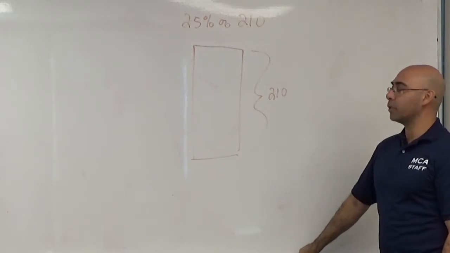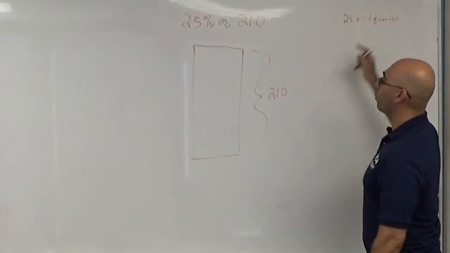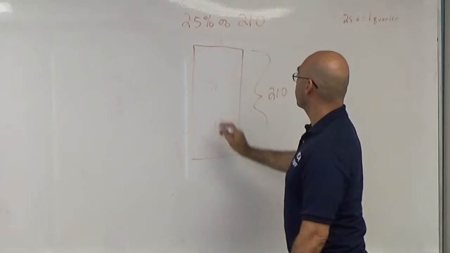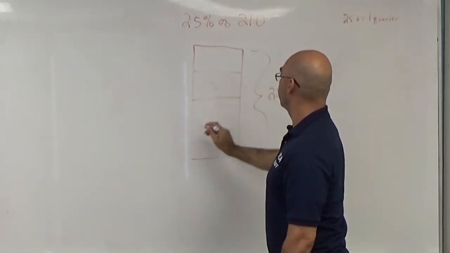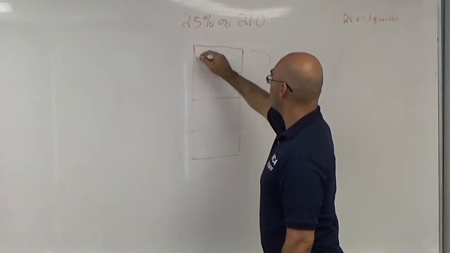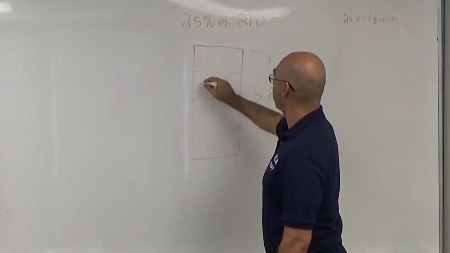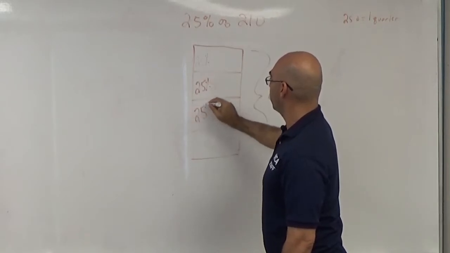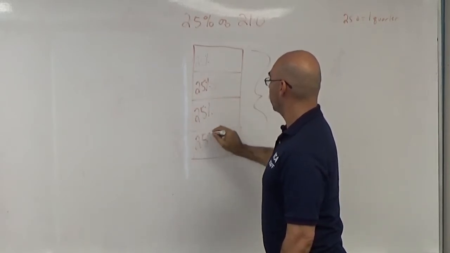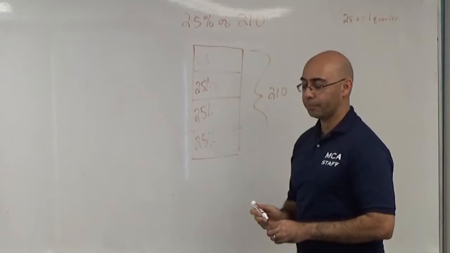What should I split this up into? So a quarter means 4, right? So split up into 4s. So this is 25%. That's 25%. That's 25%. And this fella is 25%.